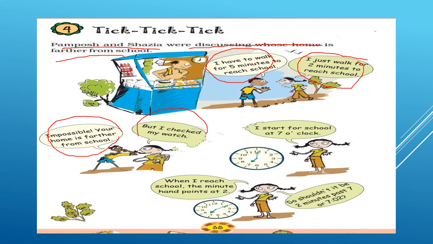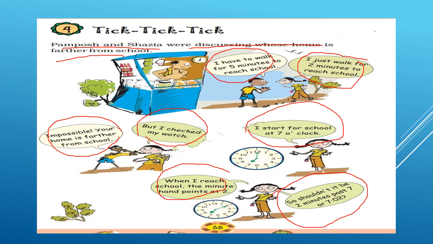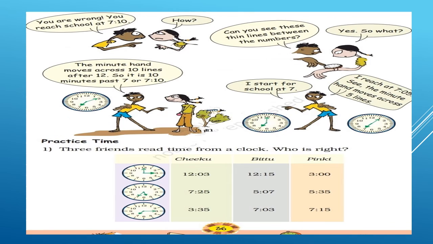But I checked my watch. I start for school at 7 o'clock, and when I reach school, the minute hand points at 2. So, should not it be 2 minutes past 7 or 7 o'clock, 7:02? You are wrong. You reach school at 7:10. How?